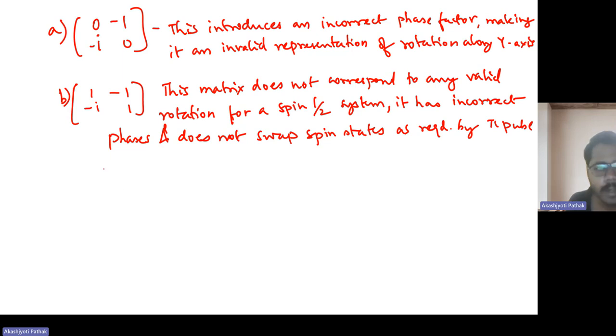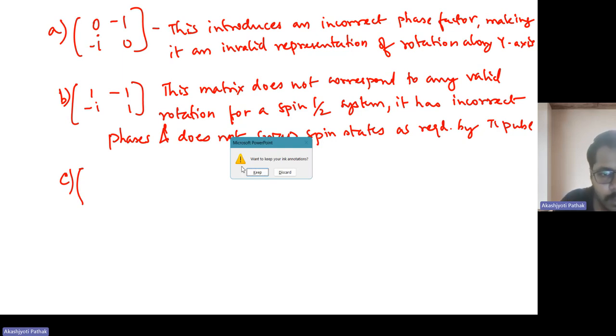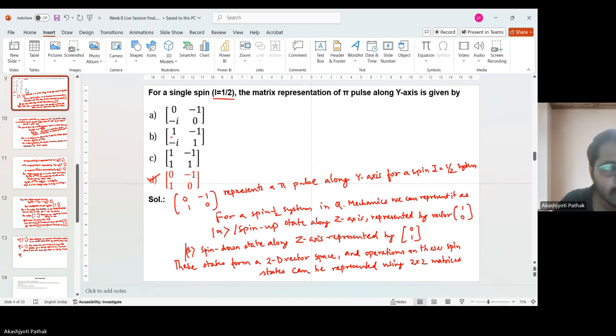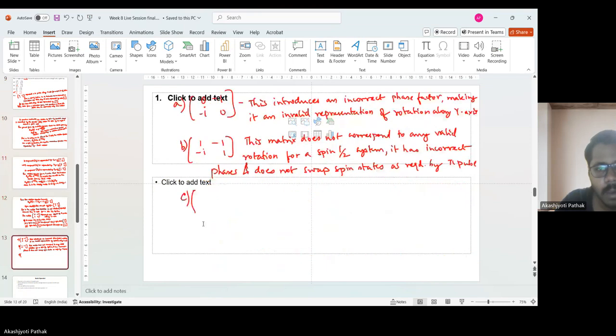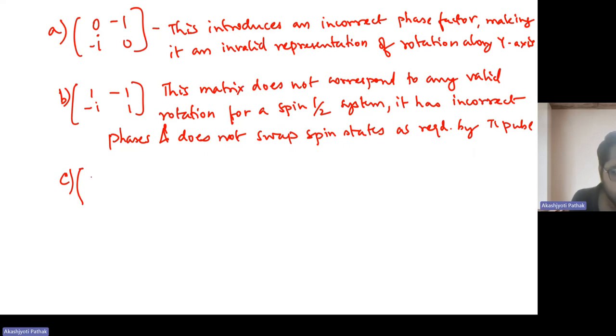And what about option C? Option C was also incorrect. The matrix was [1 -1; 1 1]. Why is it invalid?